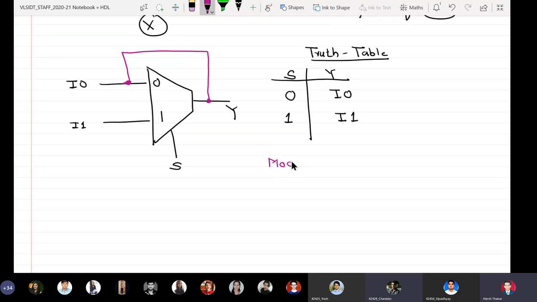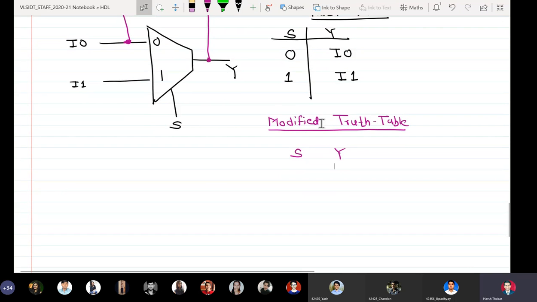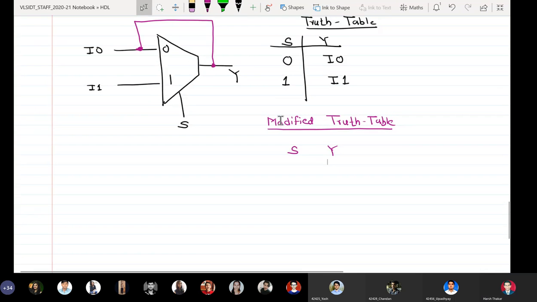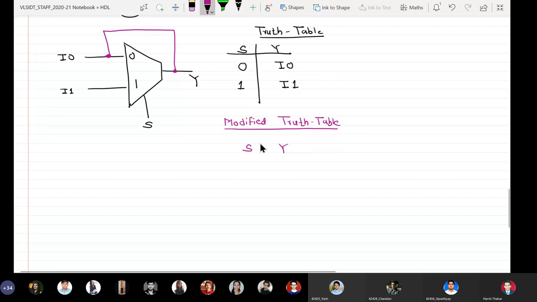Let me write and then you can tell me. So the modified truth table is S and Y. Tell me now, if S is 0, what will be the output?